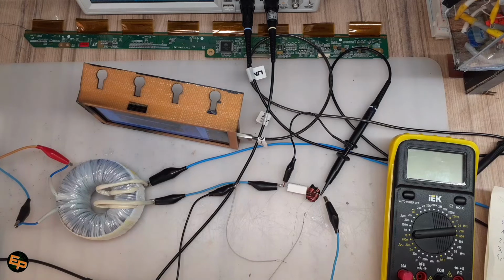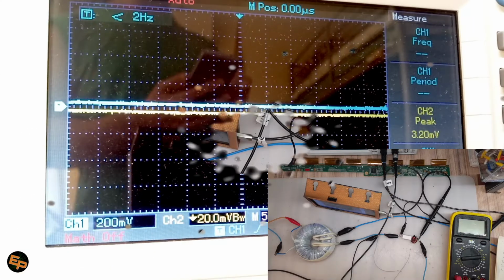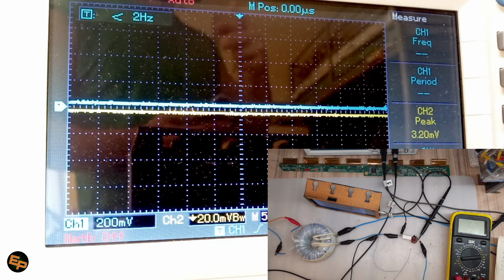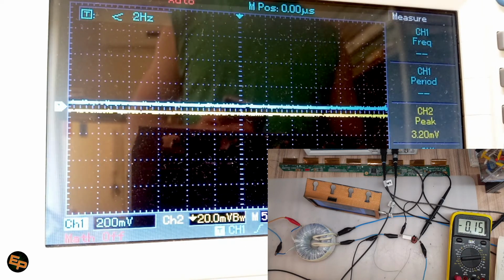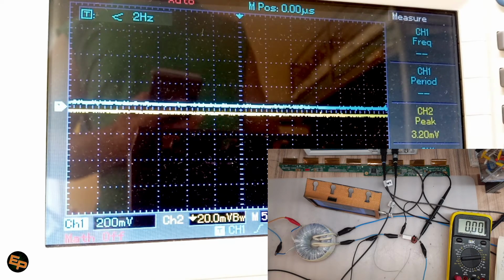Right, so I will be jumping back and forth between picture in picture, the oscilloscope camera and this workbench camera, depending on however we might need it.